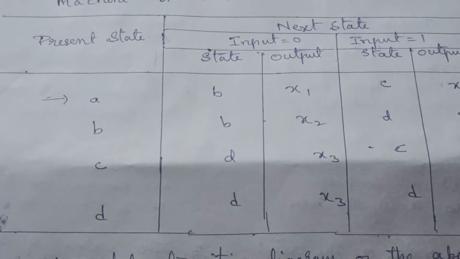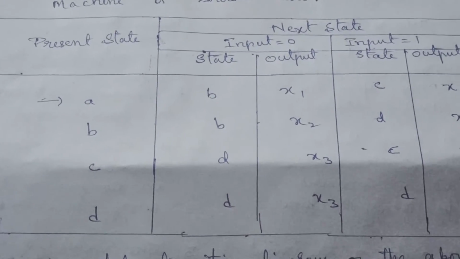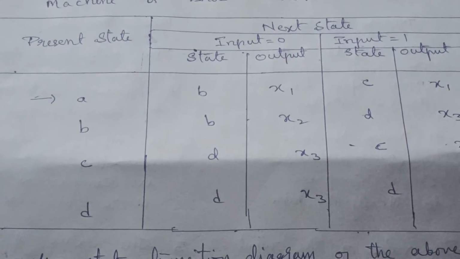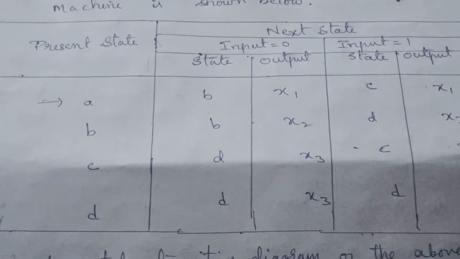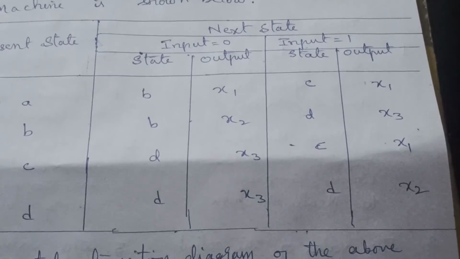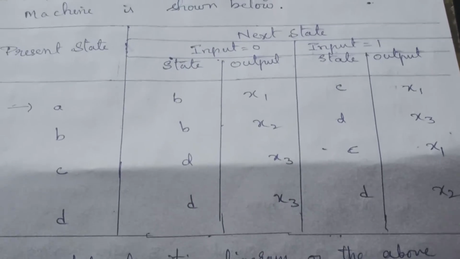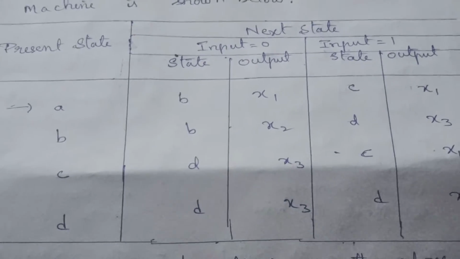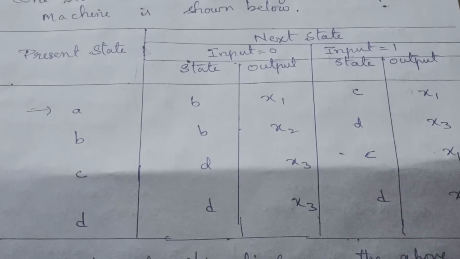And then if you take state D, on input 0 it is remaining in the same state D and output is x3, and on input 1 also it is in the same state and output is x2. So you can see this one.